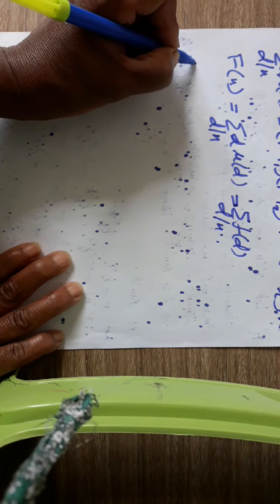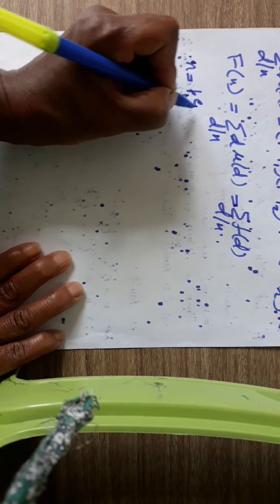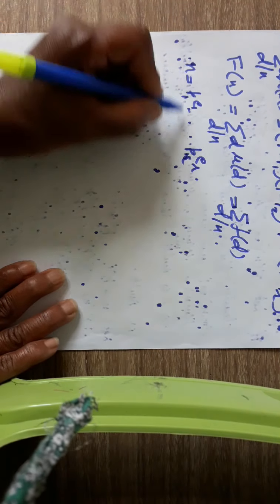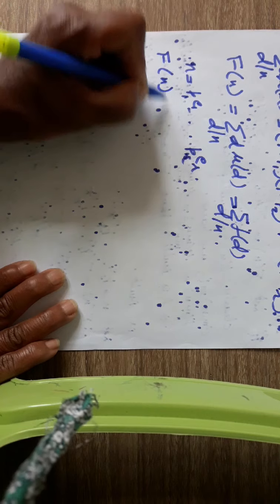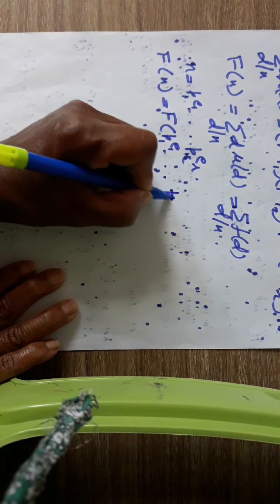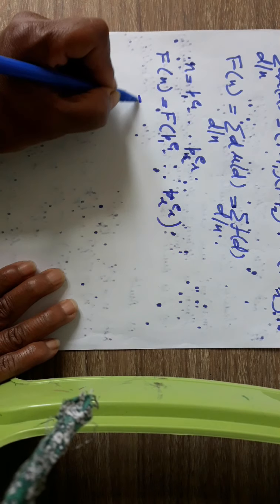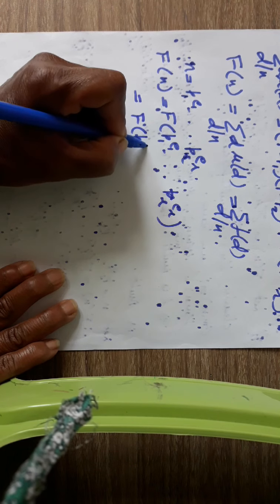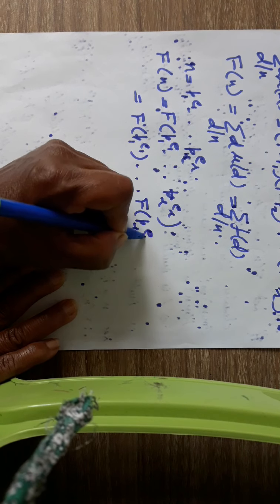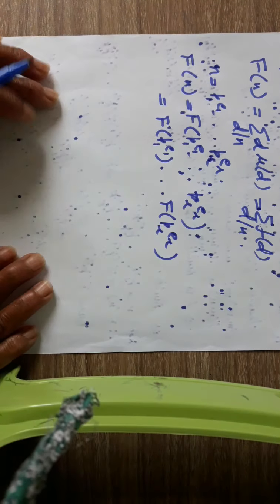F of n here, let n be equal to p1 to the power e1 and so on up to pr to the power er. F being a multiplicative function, F of n is equal to F of p1 to the power e1 and so on up to pr to the power er, which is equal to F of p1 to the power e1 and so on up to F of pr to the power er, since capital F is a multiplicative function.